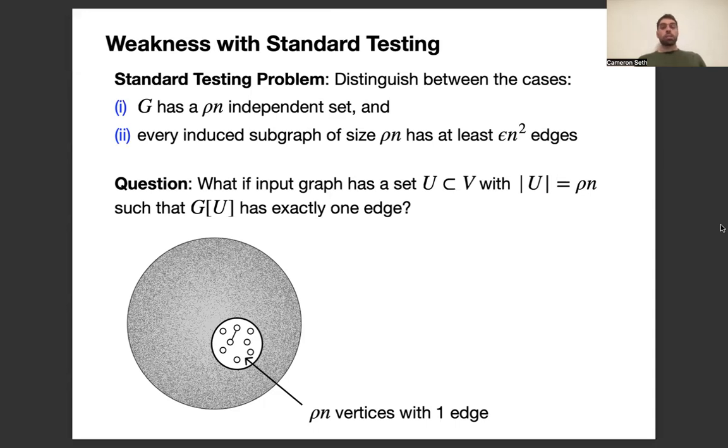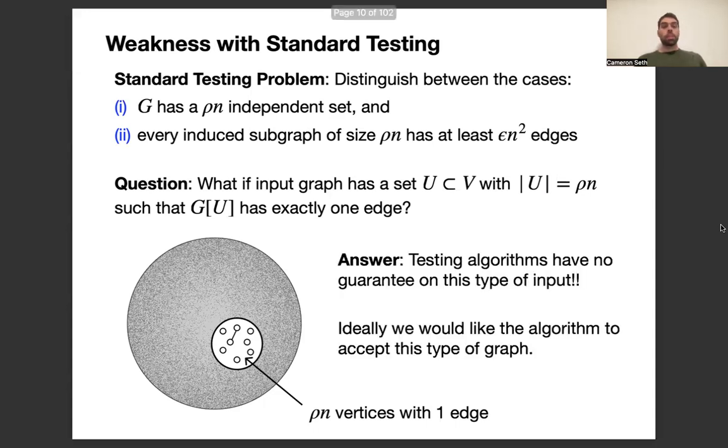And the problem is these property testing algorithms have no guarantee on this type of input because they don't fit into either of the two cases. But ideally, we would want the algorithm to accept this type of graph. Perhaps there was some noise, it was a yes instance and there was some noise added, or perhaps the sampling made some mistakes. And so ideally, we want this to be a yes instance.